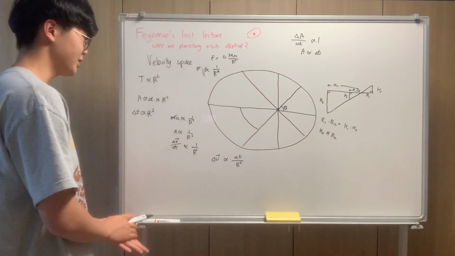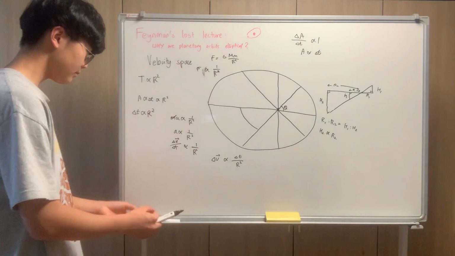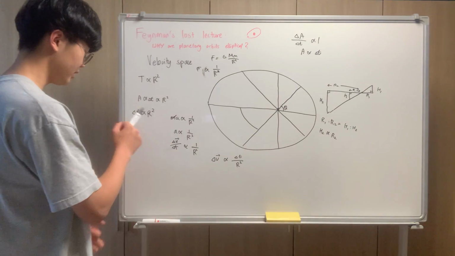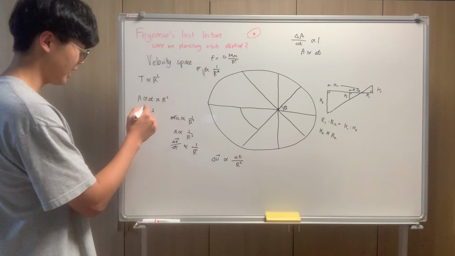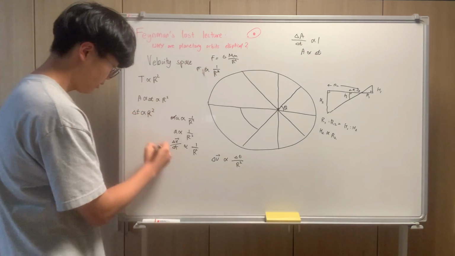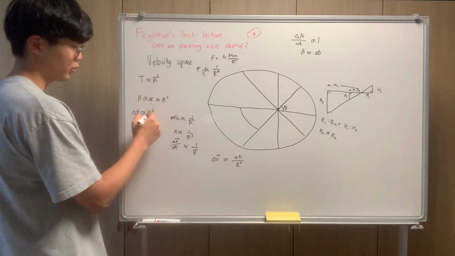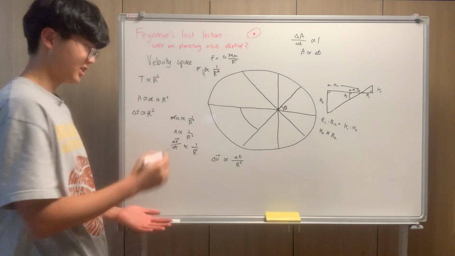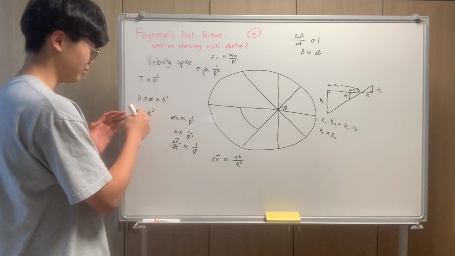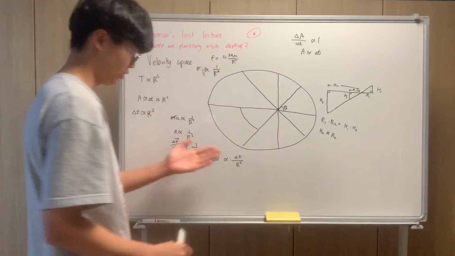What we're interested in is the relationship between the variables, and we got the expression that the change in time is proportional to r squared. And so when we substitute this value, r squared, this means that we can substitute whatever is on the left or right of the proportional sign into the expression over here.